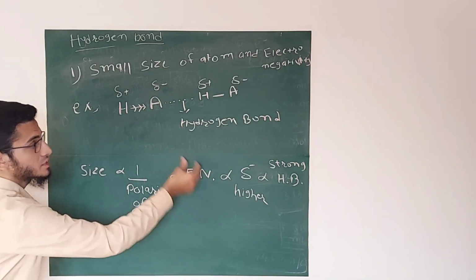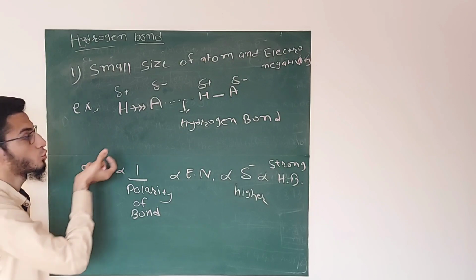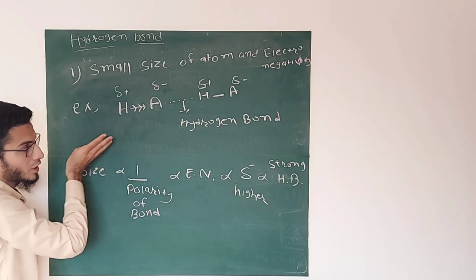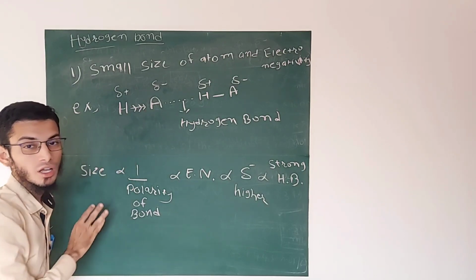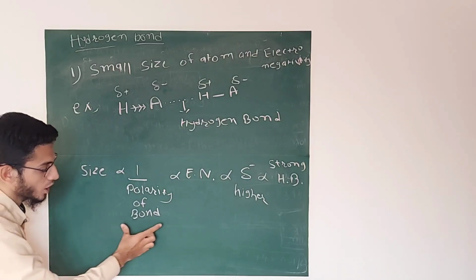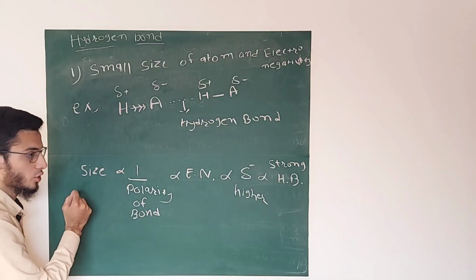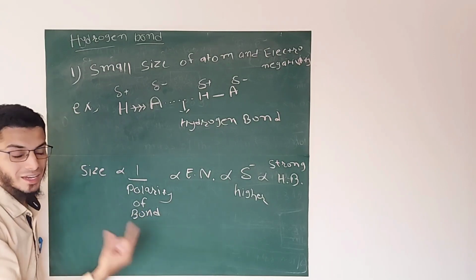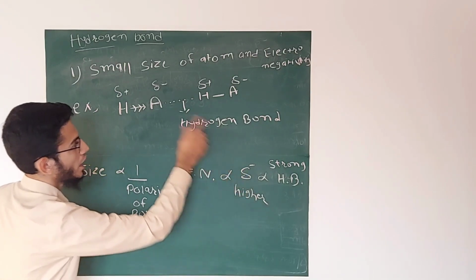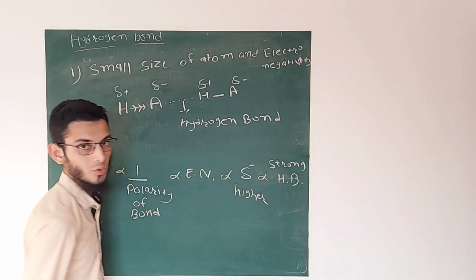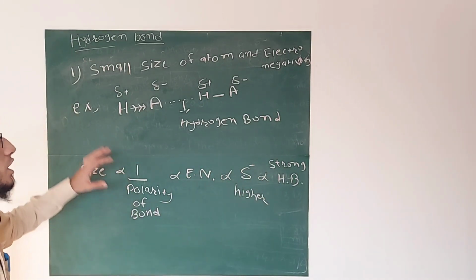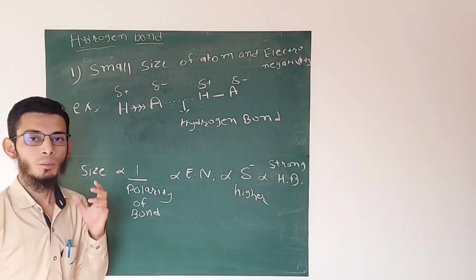Greater electronegativity means more attraction towards the bonding electron, and the bonding electron will be more attracted towards the electronegative atom. So the polarity of the bond will increase. Remember this relationship: polarity of the bond will increase, partial negative charge will be higher, and the strong hydrogen bond will take place. So this is the condition of the hydrogen bond.